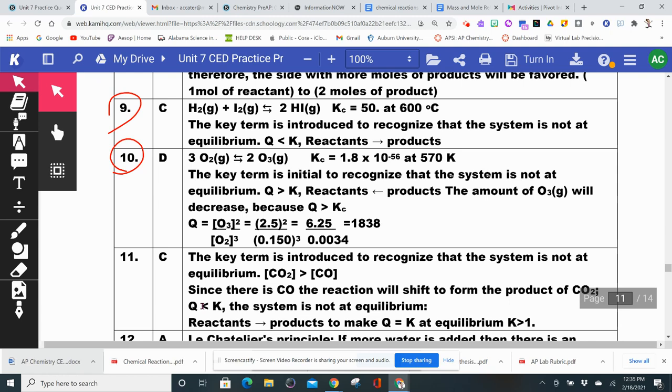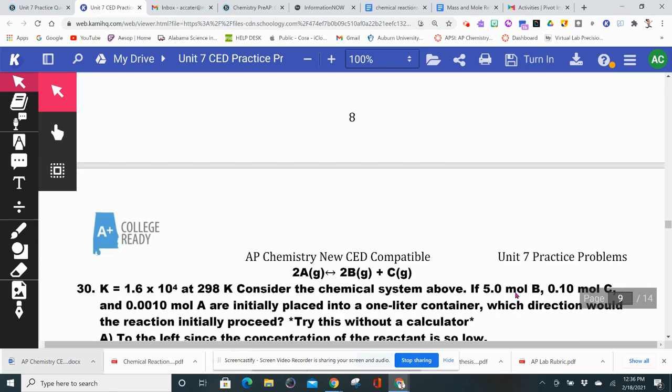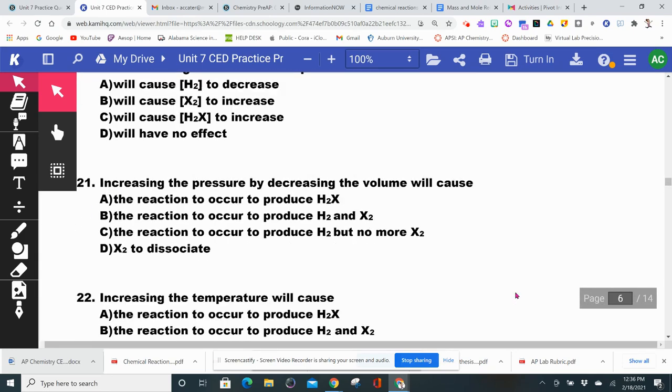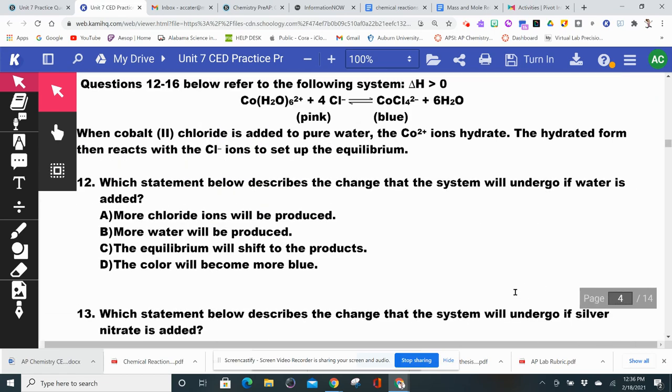And then that will tell you if you are going to the right or to the left. And then from that, you can look at the choices and again use process of elimination to figure out which one is the best option.